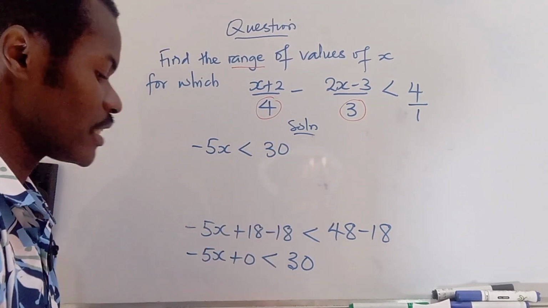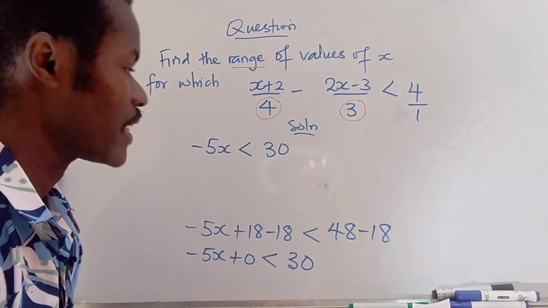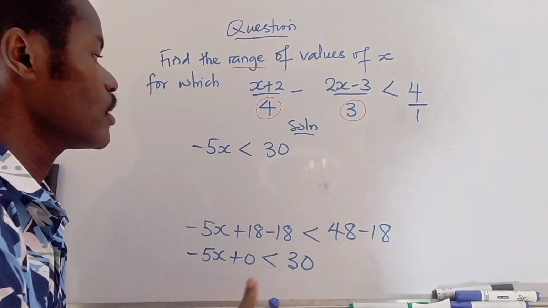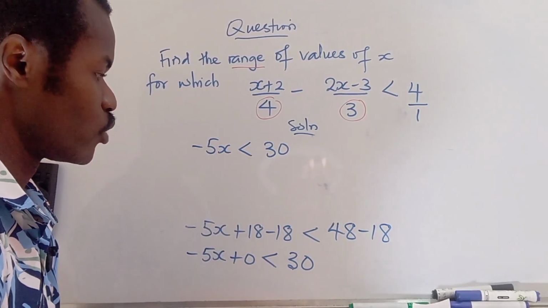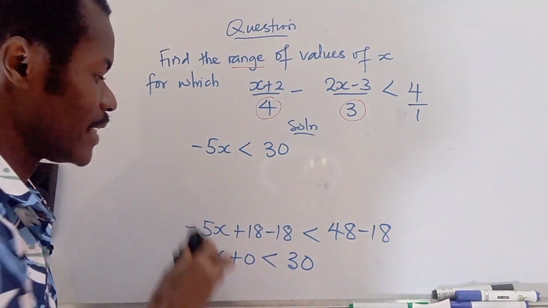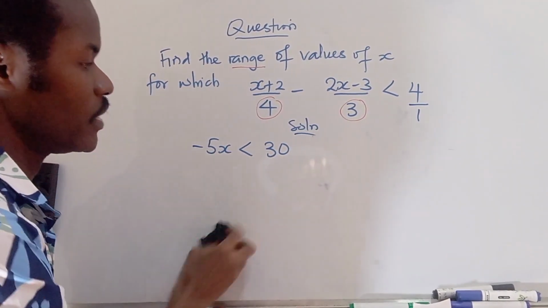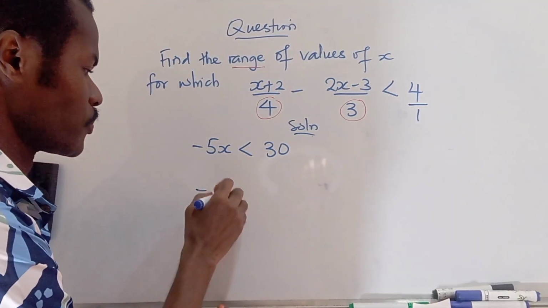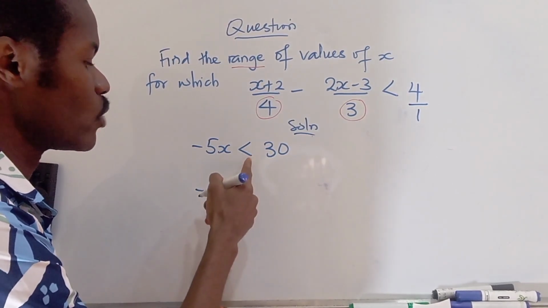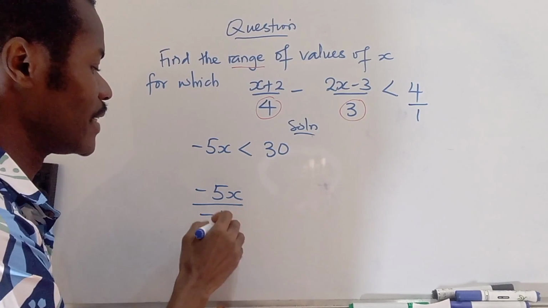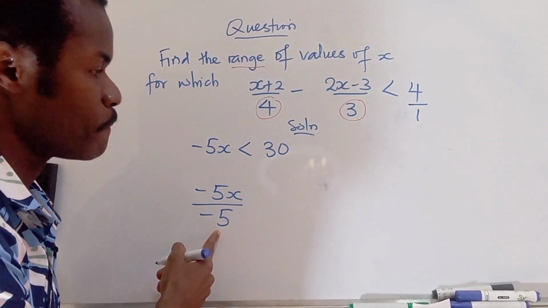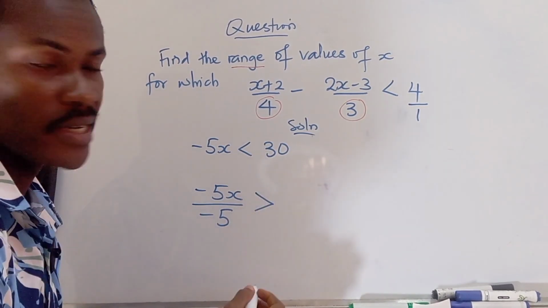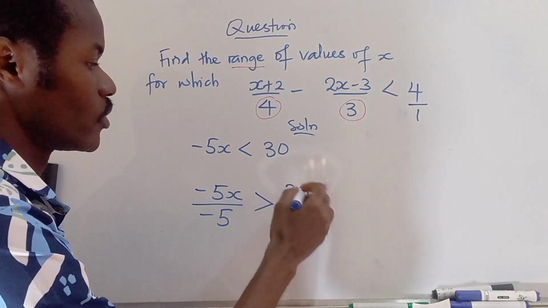Now at this point, we are going to divide both sides by minus 5, which is the coefficient of x. Since we are dividing with a negative, this is going to change. So anytime you are dealing with inequalities and you're dividing with a negative, since this is less than, it's going to change to greater than. So you want to take note of that.